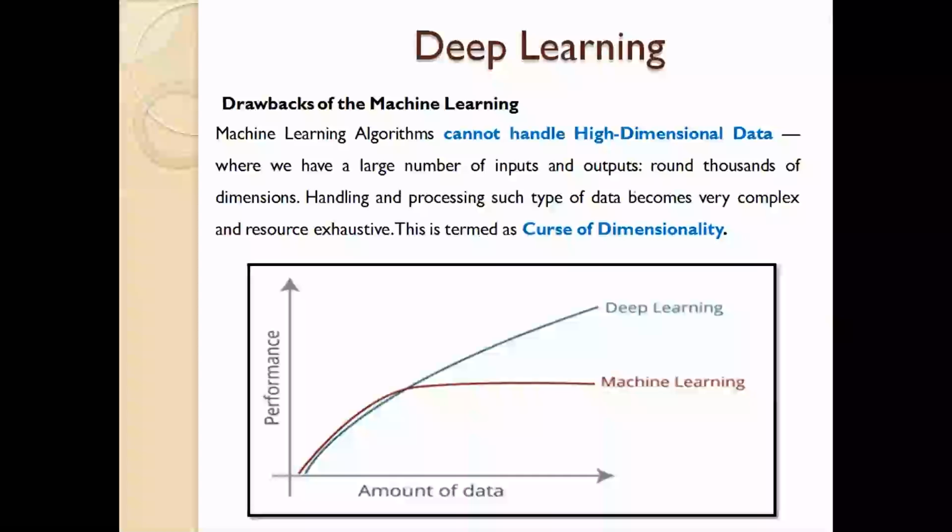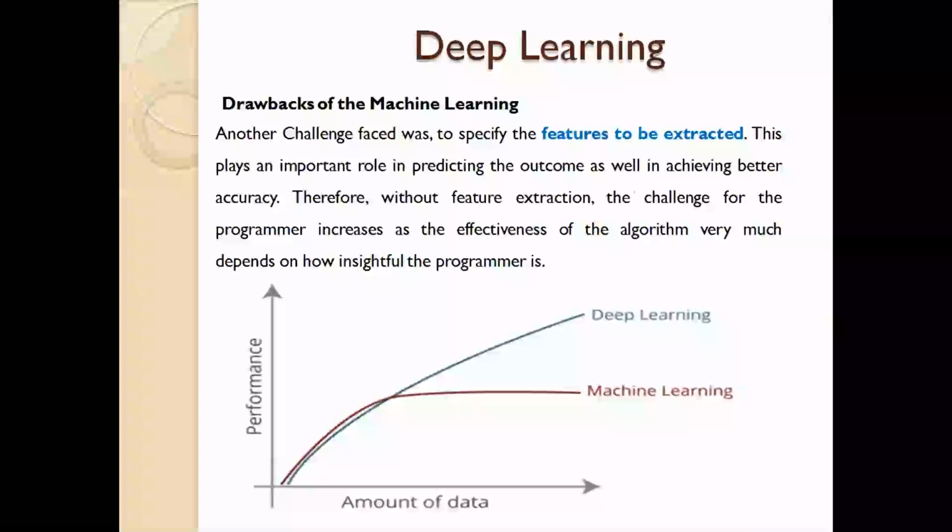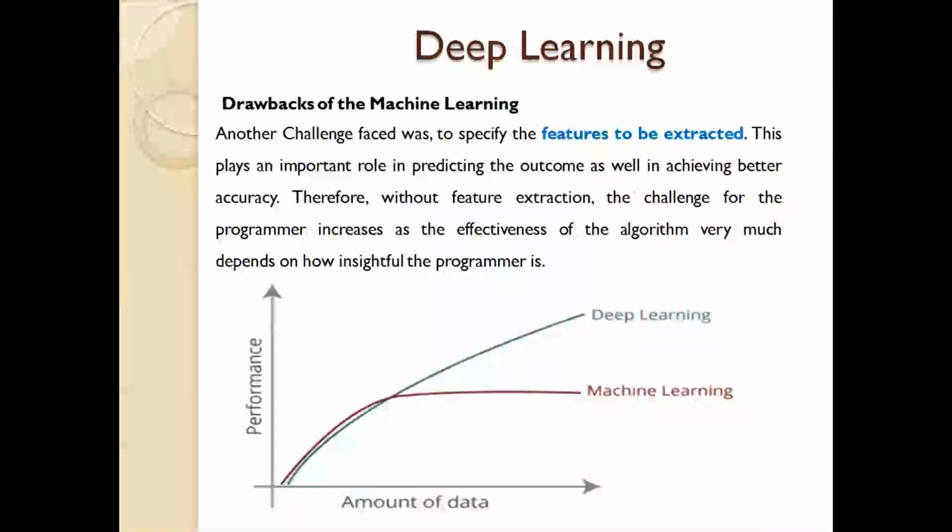The third drawback of machine learning is this: whenever the number of columns in the data is large and I still need to apply machine learning, the process has one step called feature selection or feature extraction. Features means columns. Suppose there are 500 columns in your data, and I need to identify the important columns out of those 500.